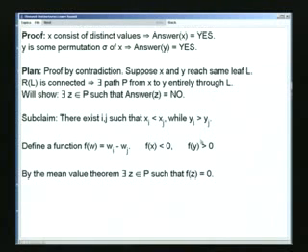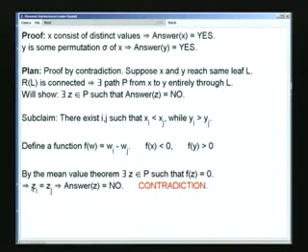So what happens as we move along this path from x to y? The path is continuous, this is a continuous function, and so by the intermediate value theorem, there has to exist a point z on P such that f of z is equal to 0. If f of z is equal to 0, what does it mean? This means that zi equals zj.